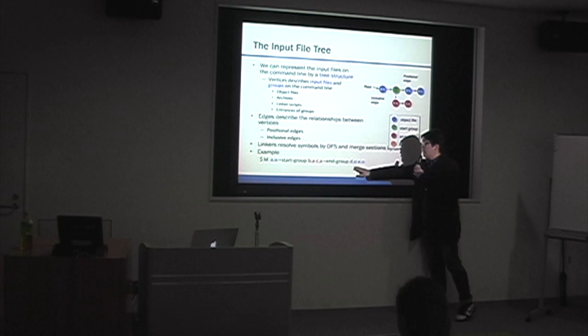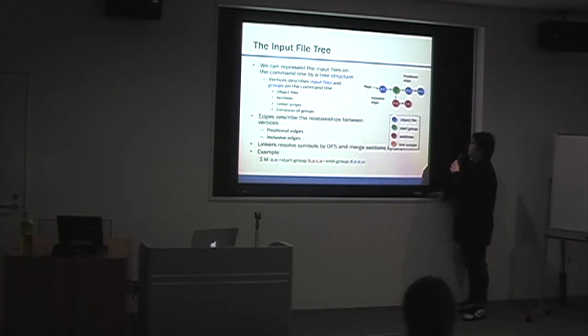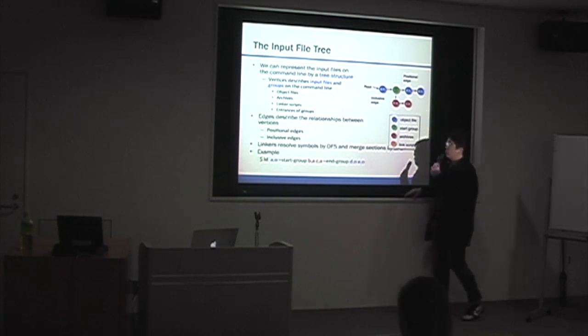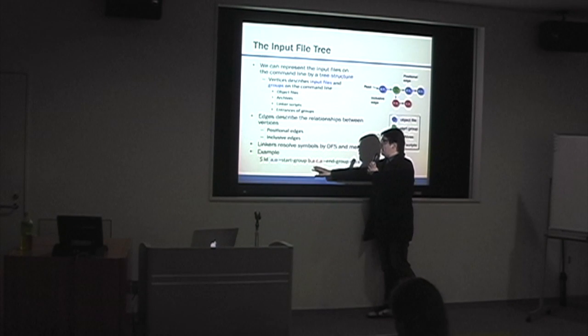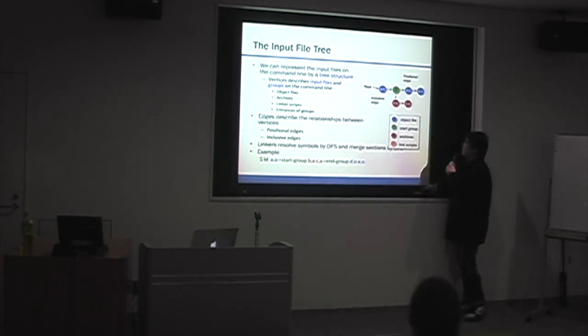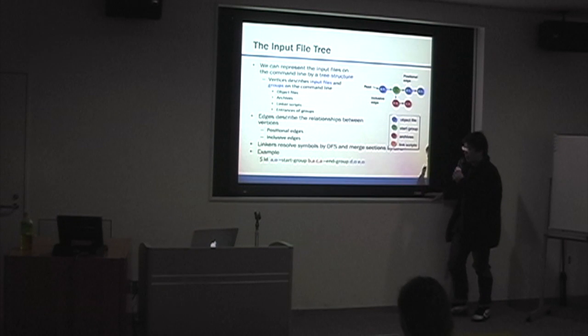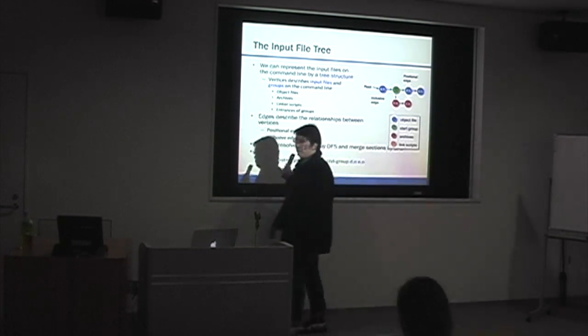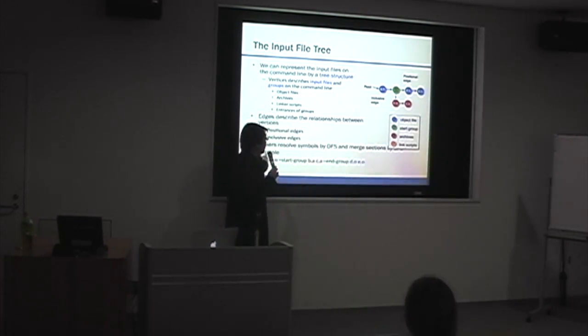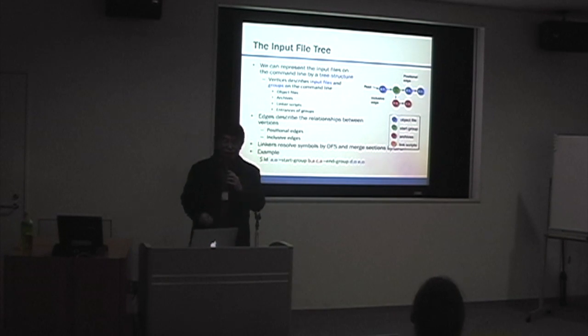Object D is immediately before object E, so there is a positional edge from D to E. And we know archive B and archive C belong to this group, so there is an inclusive edge from the group to archive B, the first archive in this group. By this definition, we can convert this command line to the tree structure.